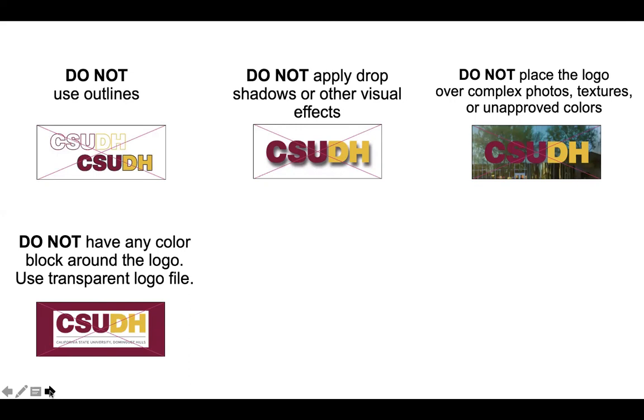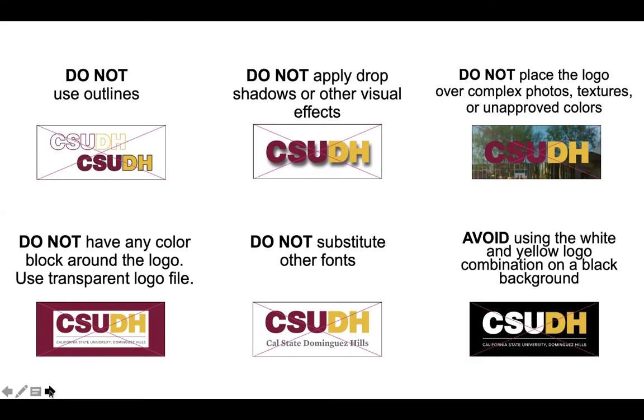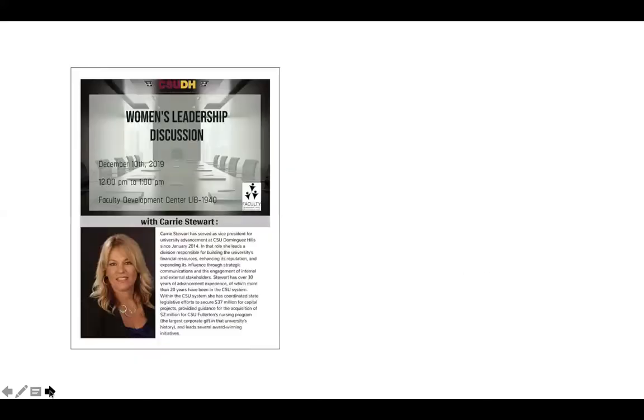We don't want that. Do not substitute it with other fonts. I've actually seen California State University typed out in different fonts underneath there. If you're having an issue with a file for some reason and the name isn't working, please reach out to us. And avoid using the white and yellow logo on a black background because we want to be Dominguez Hills. We don't want to be another campus.